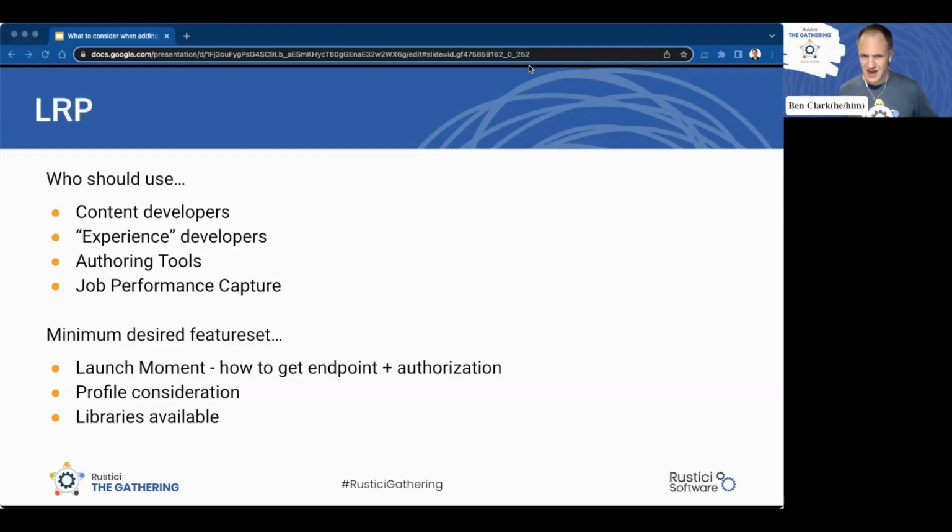So what is the minimum desired feature set you might want to see in an LRP, a learning record provider? As Brian said earlier, there needs to be a way to launch. I think we keep talking about this because it's a common thing that I think people forget about sometimes. You have an LRS, you can send statements to that LRS, and you think, well, why not just have any bit of content out there sending statements to the LRS.